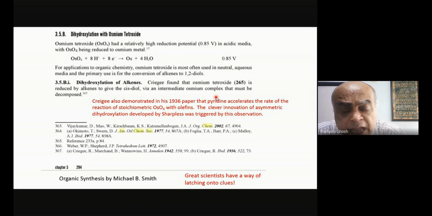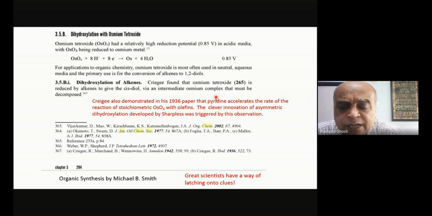His interest was chirality, asymmetric synthesis. Just like Knowles had thought, why can't he make the Wilkinson catalyst chiral? And he did that by making the phosphine ligands chiral. That was the approach Knowles took.